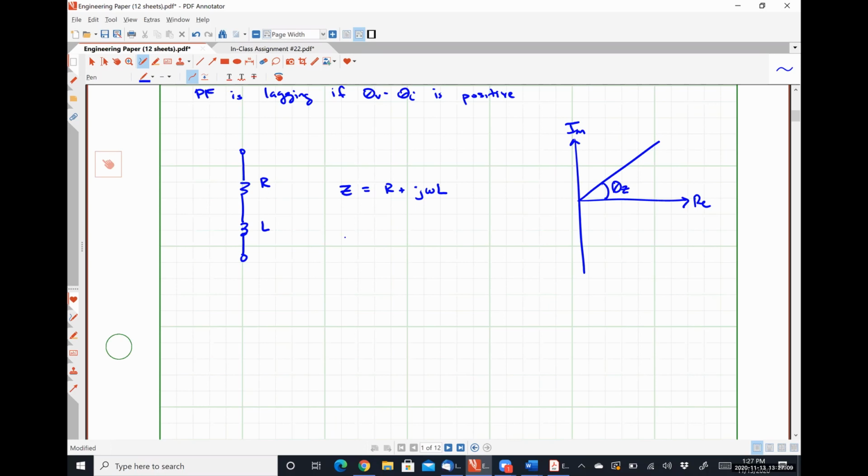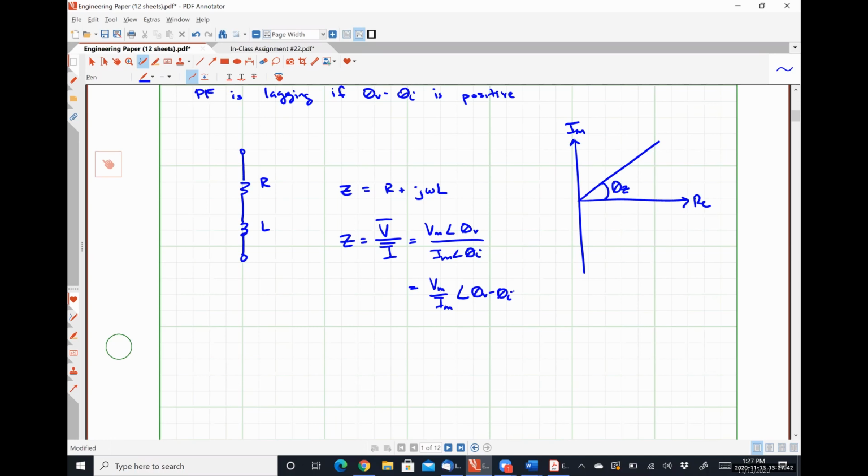Now, impedance is defined to be phasor voltage divided by phasor current, which would be Vm angle theta V divided by Im angle theta I, is Vm over Im, the magnitude of the impedance, at an angle of theta V minus theta I. So the angle of the impedance is the exact same thing as the power factor angle, okay?